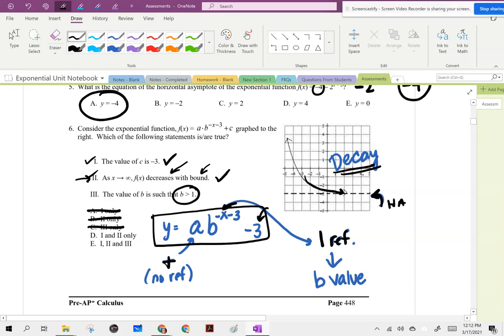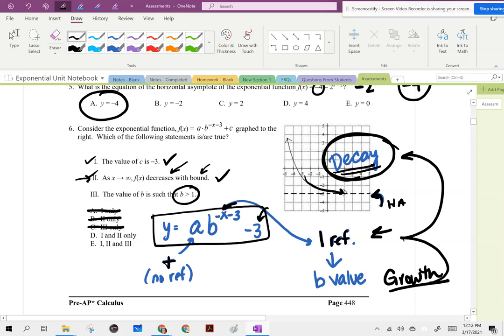So in order for us to have a decay and involve one reflection, then that means I had to have started off with a growth function, because growth with one reflection turns to be decay. So that means our B value needs to be a value that represents growth. And when B is greater than 1, that represents a growth function. And so number 3 is also right. So our answer choice is E.